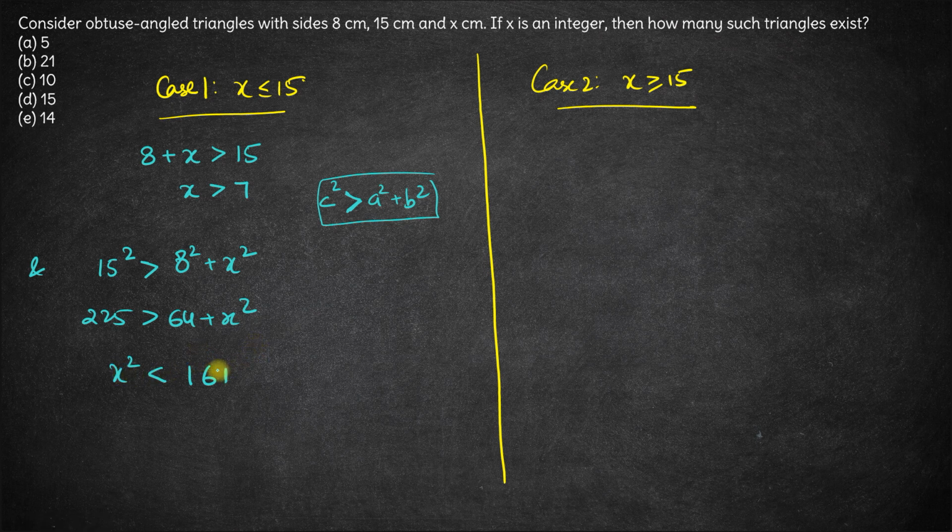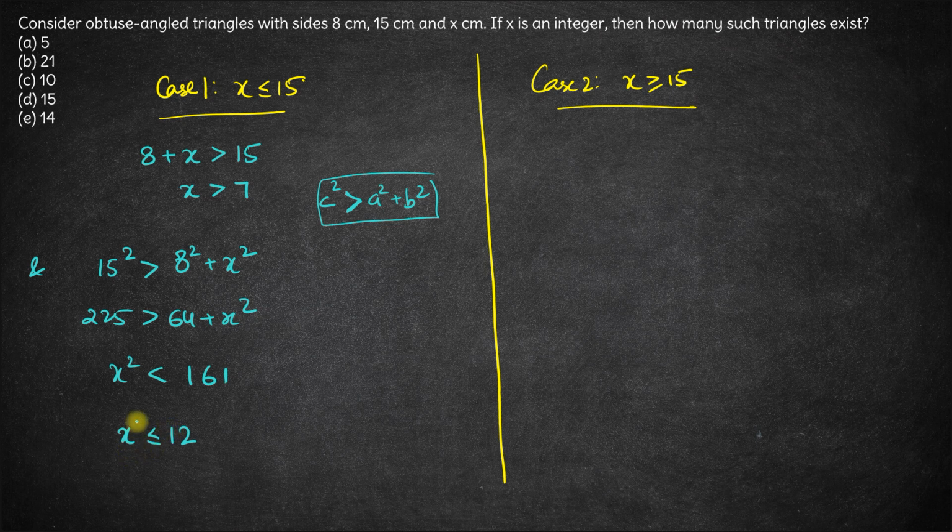Okay, so x square should be less than 161. That means the highest integral value that x can take is 12, because 13 square is 169, 12 square is 144. So x should be less than or equal to 12. This is what we get from here, right?